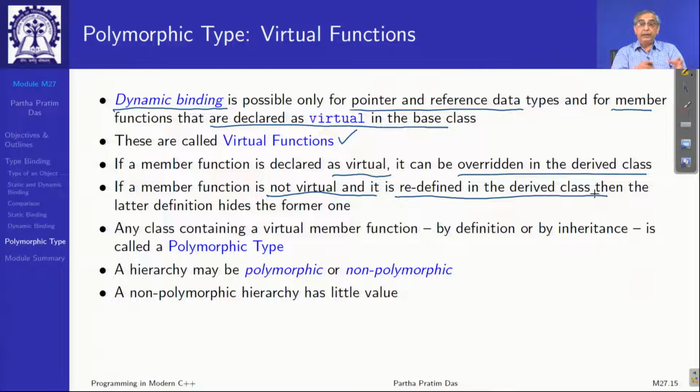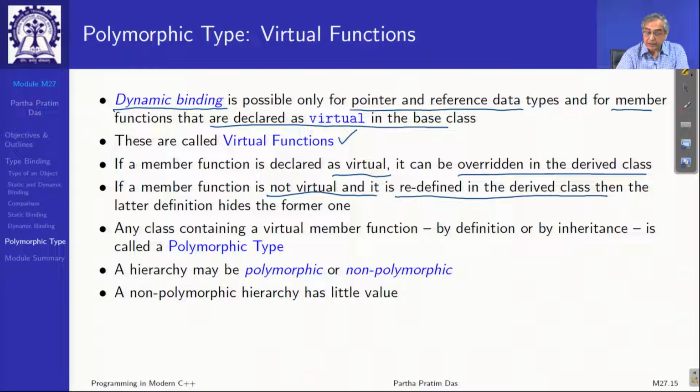But in dynamic binding, that is the mechanism, you are overriding, but all of the functions from the base to the current class, all of these overridden functions that are virtual will be available based on the actual type of the object that is being used in the invocation of the function through the pointer or a reference.